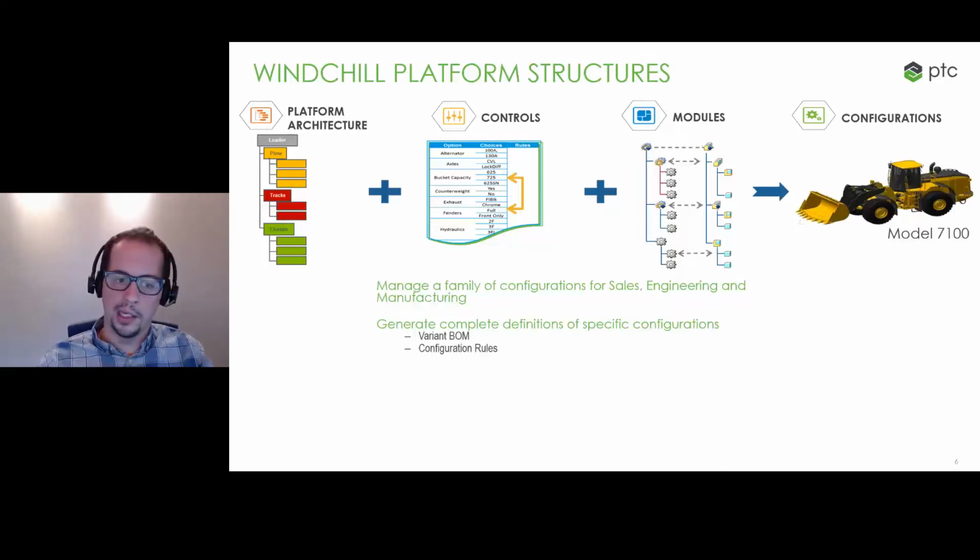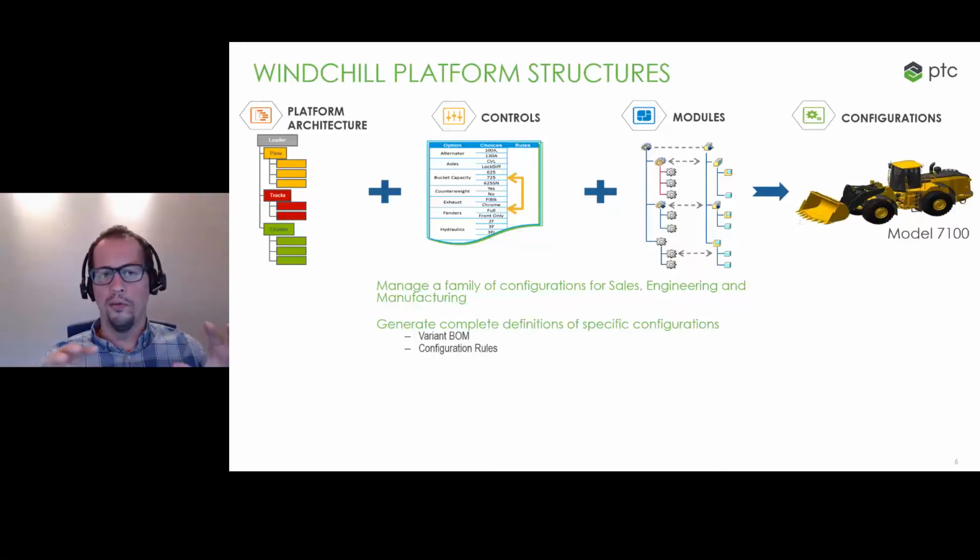And from that, you're able to capture those specific configuration choices and rules. You are also able to generate variant bills of materials. So you're actually able to generate a new BOM, which you can issue an order against, and go off and build. But it's really all about how you manage all those configurations and families within those configurations that you want to deliver to market.